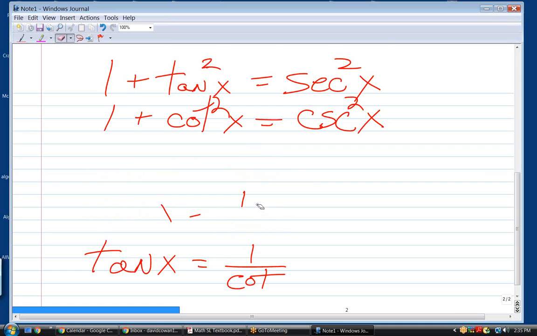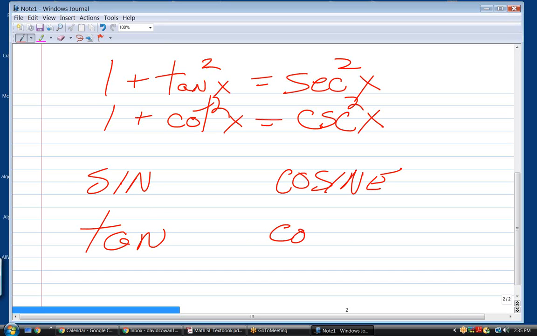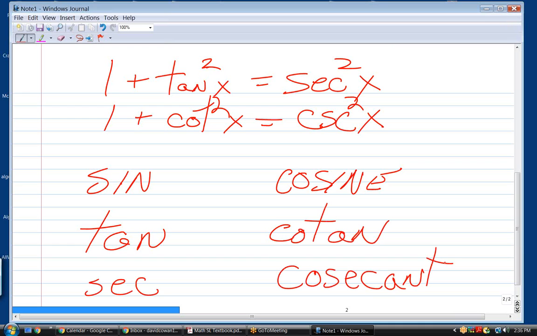Just because there is one co in each relationship, they're not cofunctions. The cofunction of sine is cosine. Cofunction of tangent is cotangent. Cofunction of secant, cosecant. In other words, cofunctions are merely the function with the word co in front of it, although certainly the cofunction of cosine is sine.